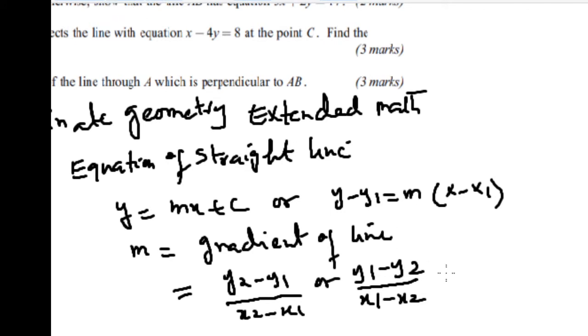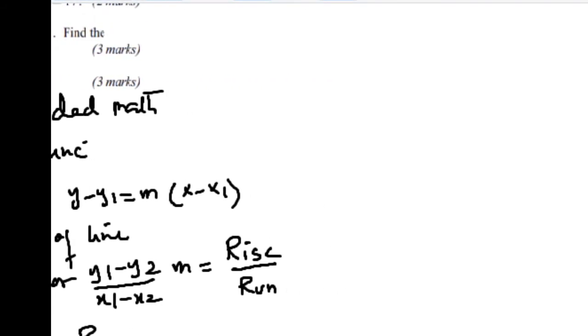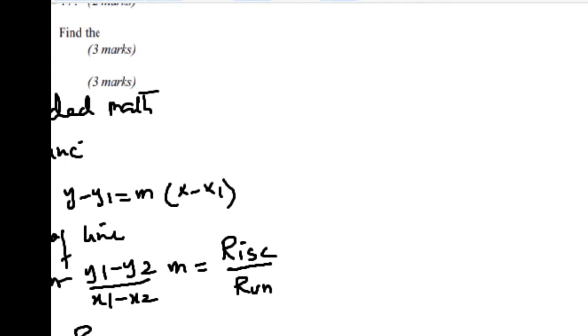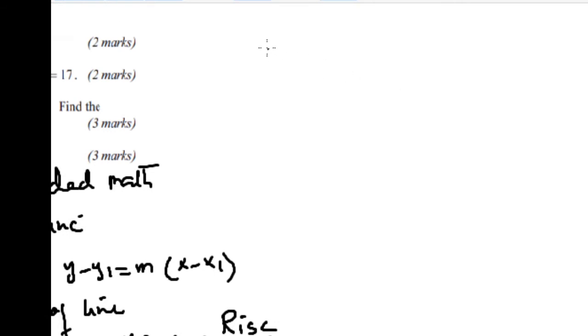We can also write gradient as rise over run, where rise is the y value.